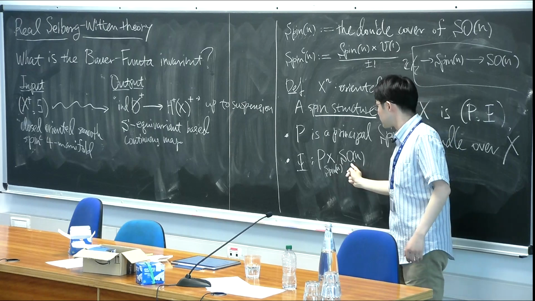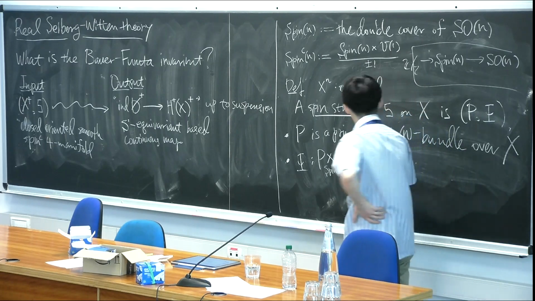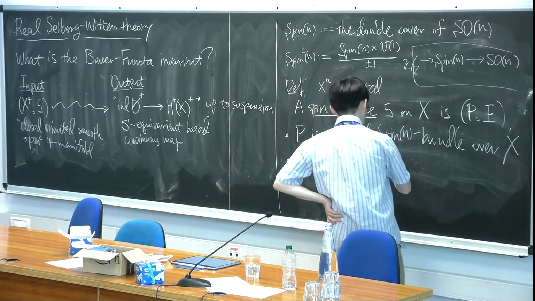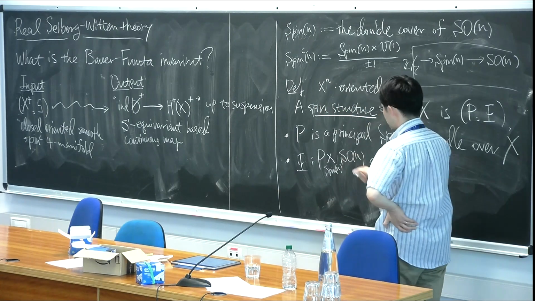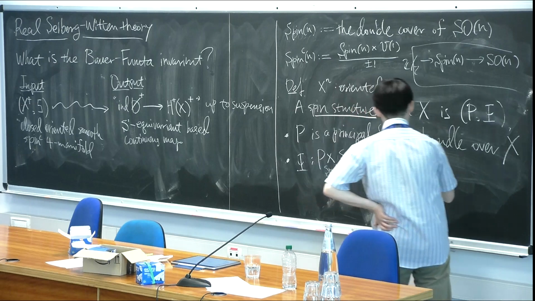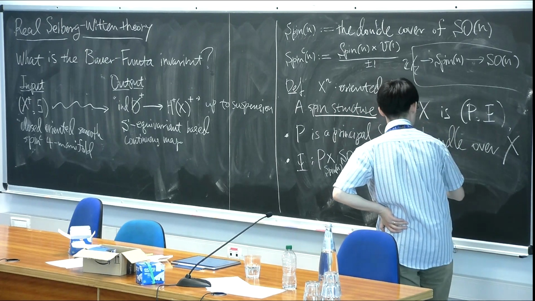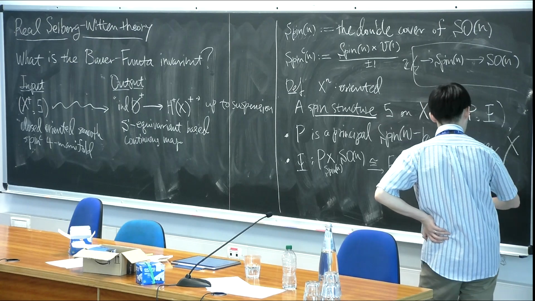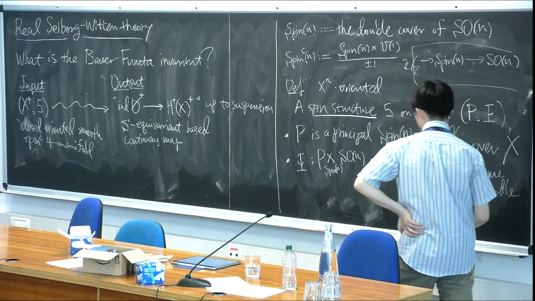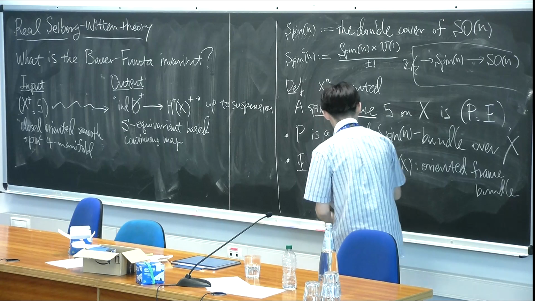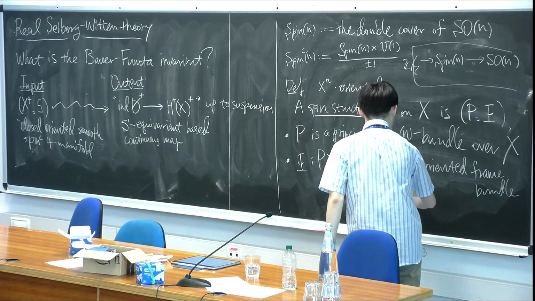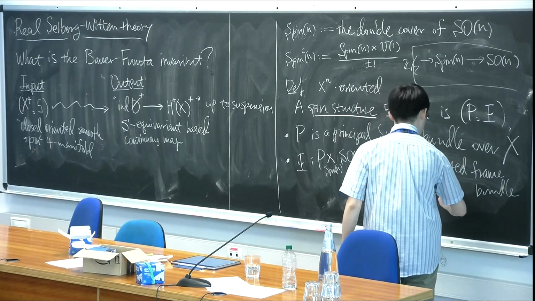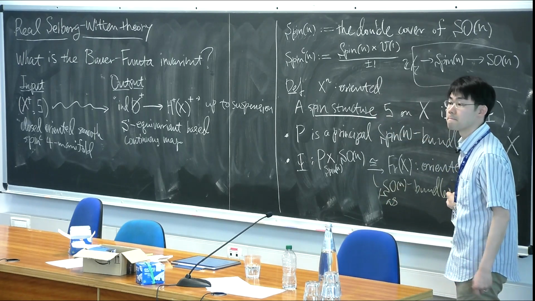So you can change your structure group to SO(n) using this homomorphism. And psi is the datum fixing an identification from this reduced SO(n) bundle to the oriented frame bundle. Of course, this is an isomorphism as SO(n) bundles. So that's the only choice.